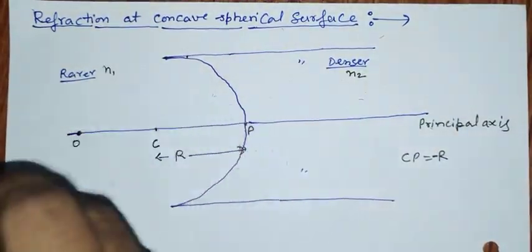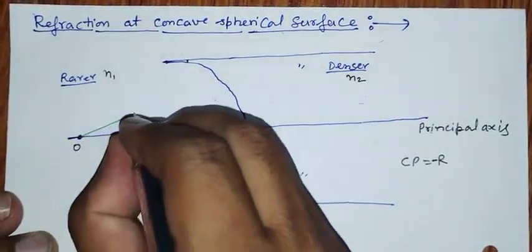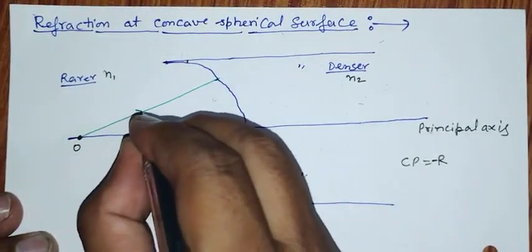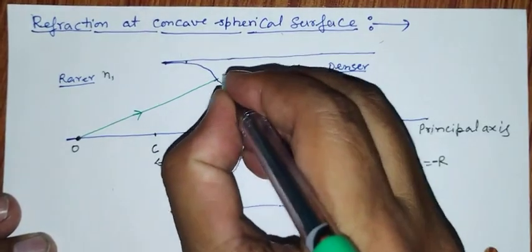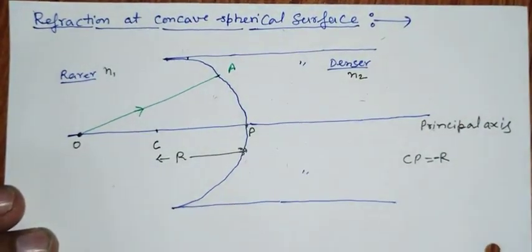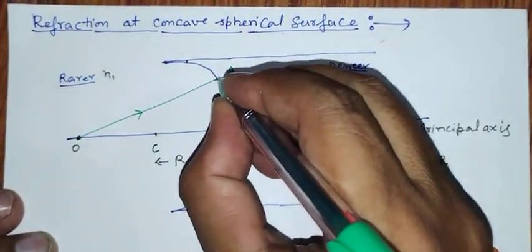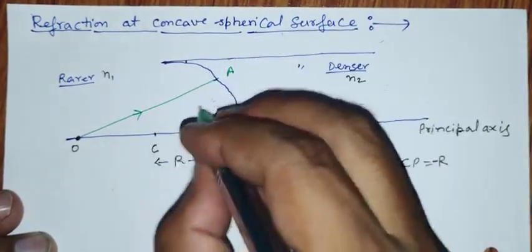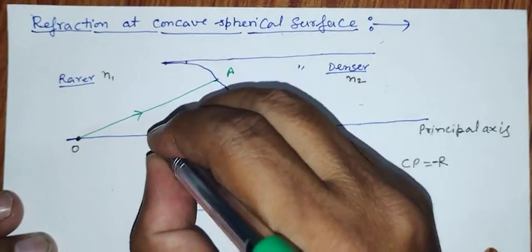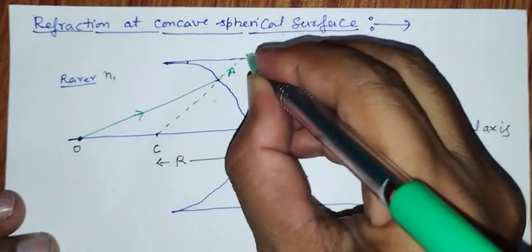Now we are going to take a ray diagram here. Let it meet at point A here. Where it meets, it is required to make a normal. What is a normal here? The normal always passes through the center of curvature, so take a dotted line.